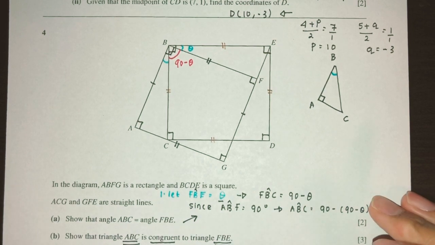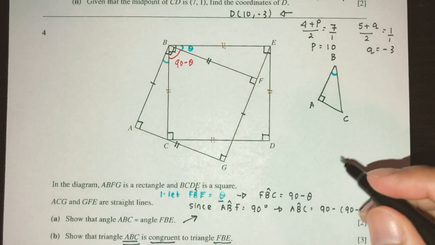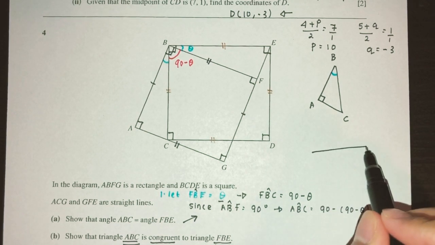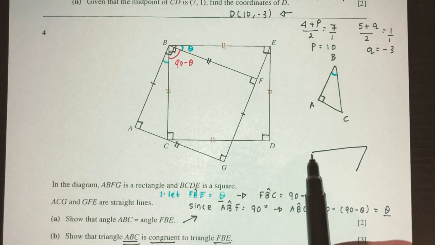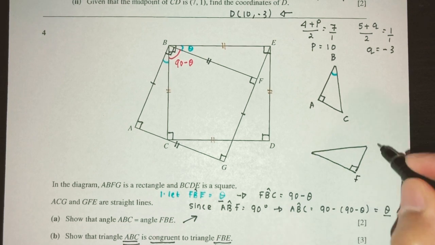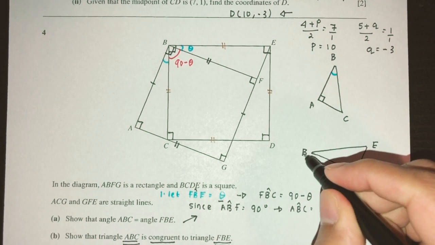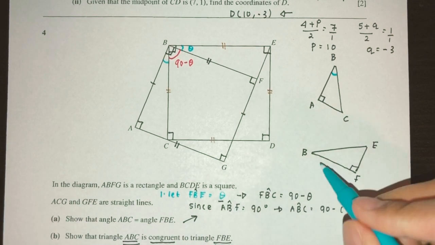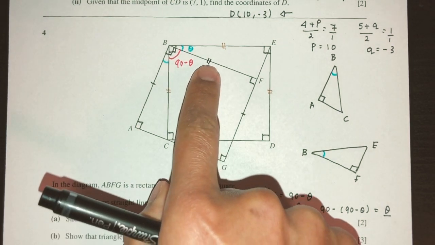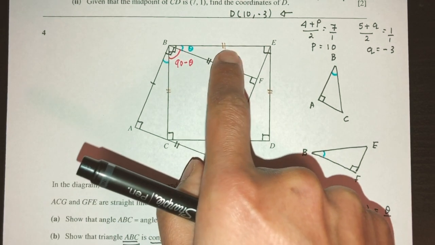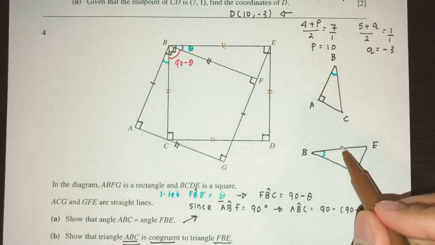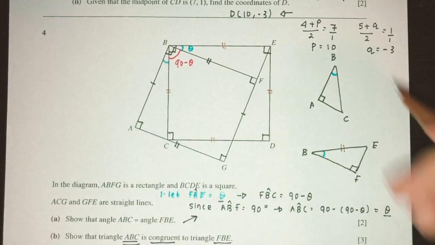And then we have this one, FB. So that will be something like this, right? This is 90. This is FEB. So we know this is the blue angle right here. Okay, and we can see that we have this side, so this side is the same, sorry. The brown side, which is this one, and the brown side, which is this one.